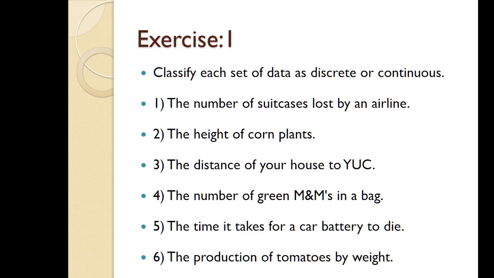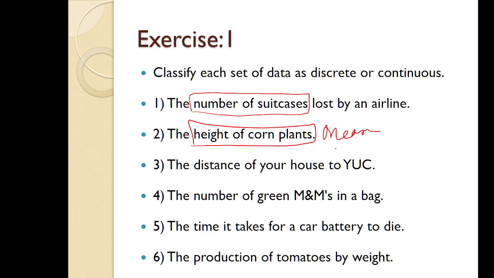Classify each set of data as discrete or continuous. The number of suitcases lost by an airline. Here is a number of suitcases, right? So of course it's not continuous. The height of corn plants. See, height is a measurement. And the distance of your house to this place.